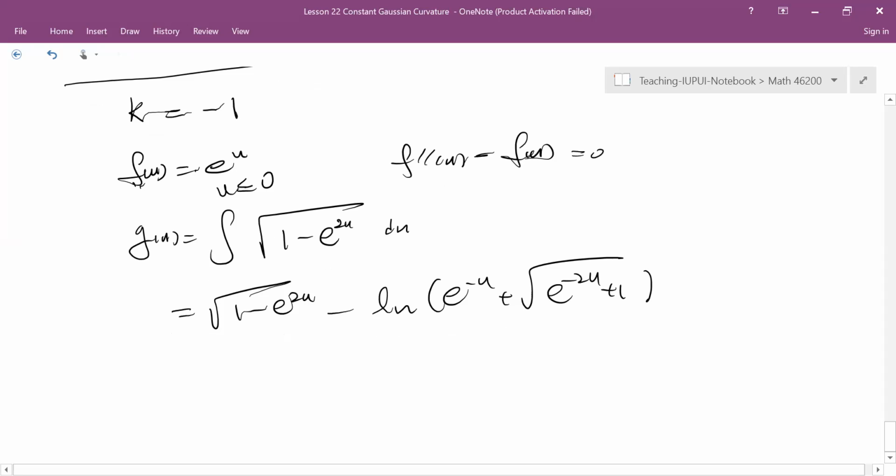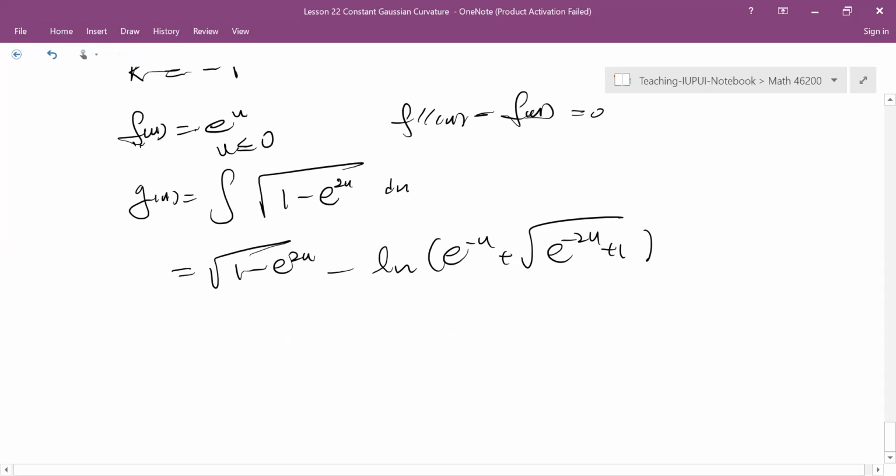All right. Wow. So we have a very specific function. Then sigma of u, v, right? And e to the u cosine v, e to the u sine v.